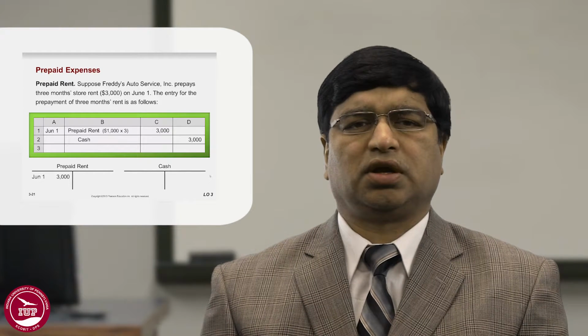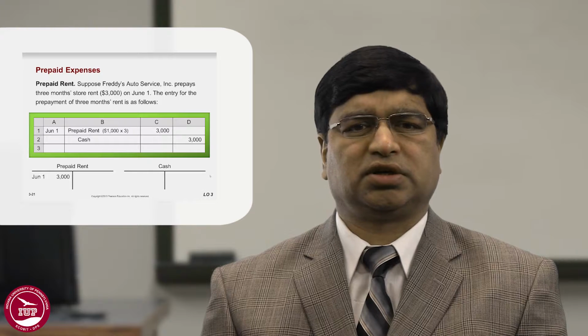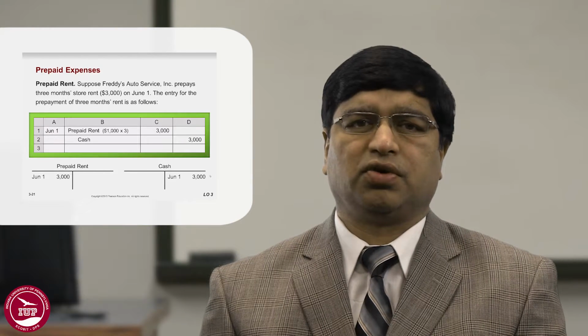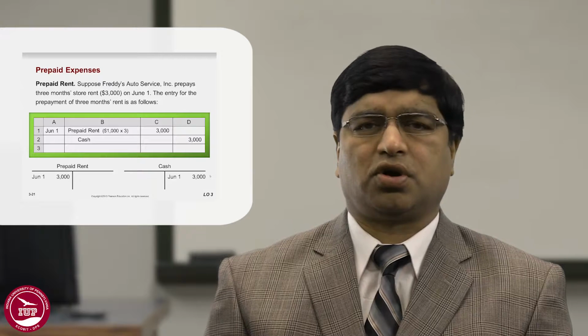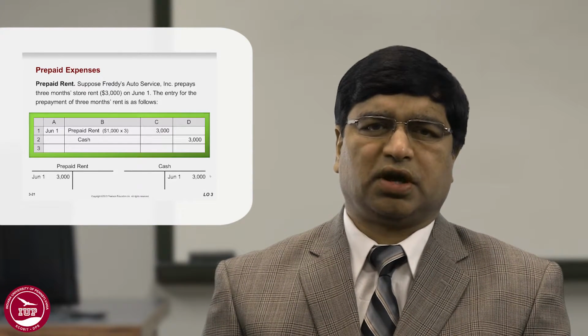If you are to record it in the T accounts, prepaid rent, which is considered a current asset, is debited, and your cash is credited, which is also a current asset, and it is going down. So in this case, please note there is no expense that has been recorded on June 1st, and the rent is $1,000 per month.